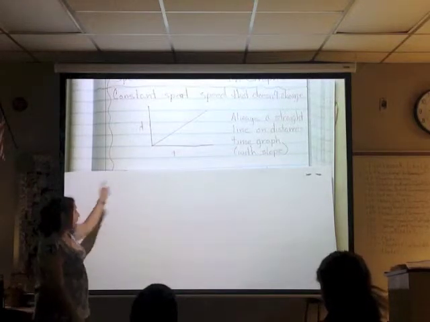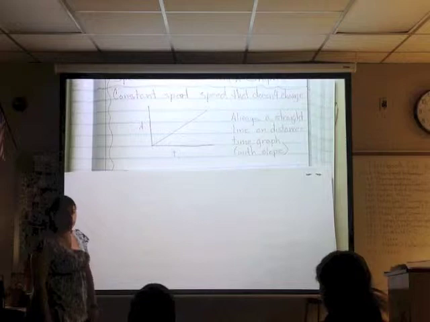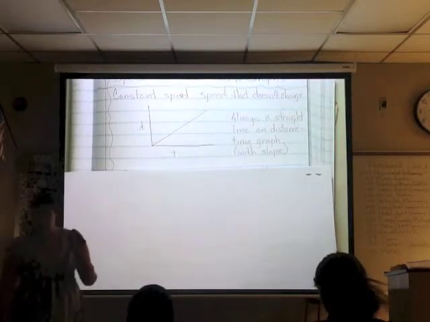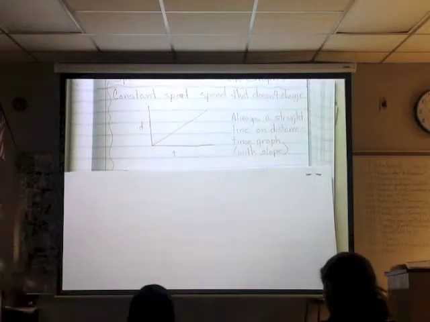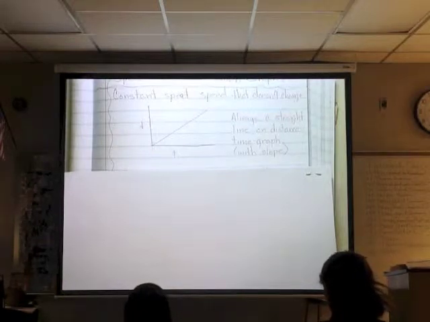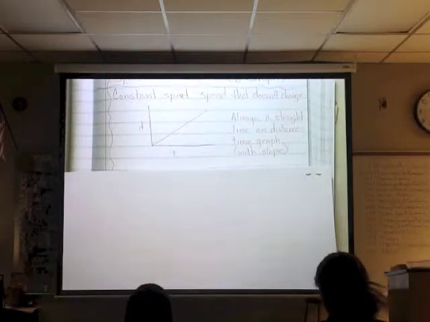For constant speed, that was going to be a straight line. In a distance time graph, you see a straight line at an angle, it is going to be constant speed. So, in a distance time graph, you will always see constant speed as a straight line with a specific slope.